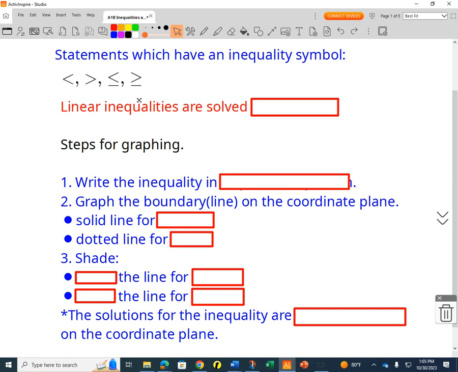Linear inequalities are solved. Anybody remember how we solve linear inequalities? By graphing. So, steps for graphing. What form do we write the inequality in before we graph? The one that's easiest to graph from.